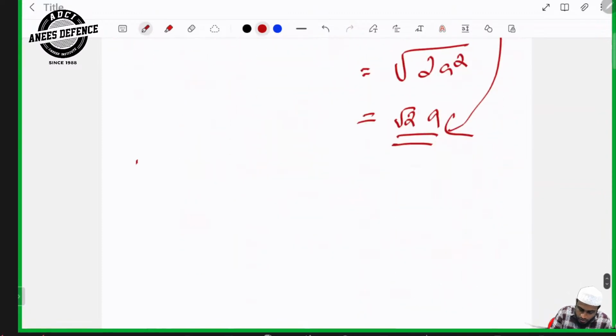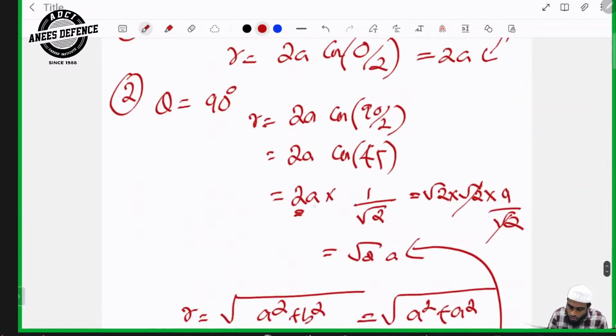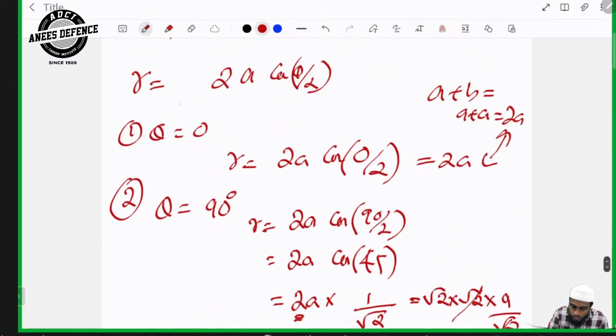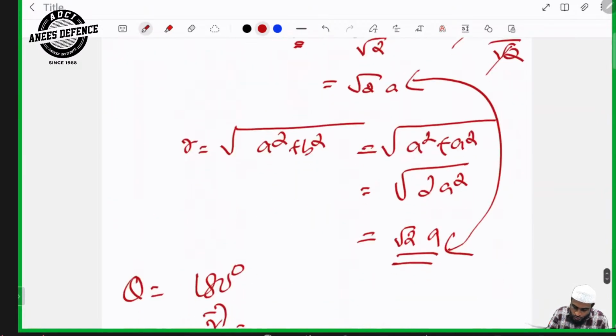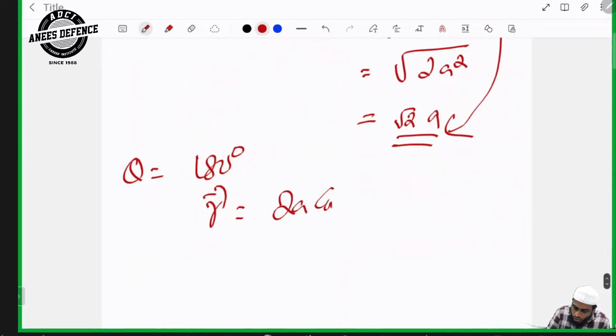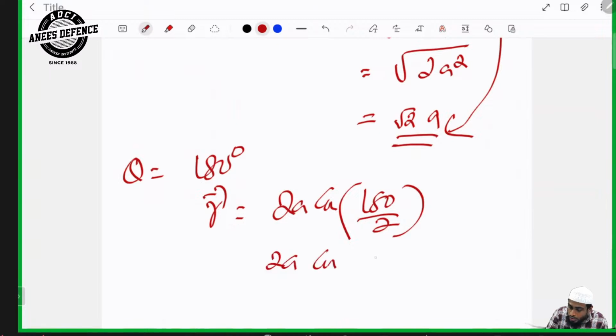The next case, theta equal to 180 degree. If theta equal to 180 degree, R is equal to 2A cos theta by 2. So 2A cos 180 by 2, that is 2A cos 90.